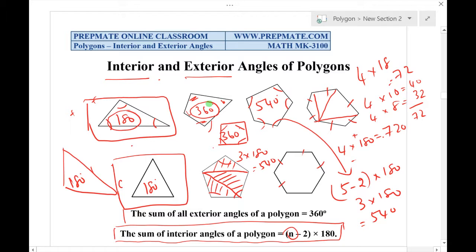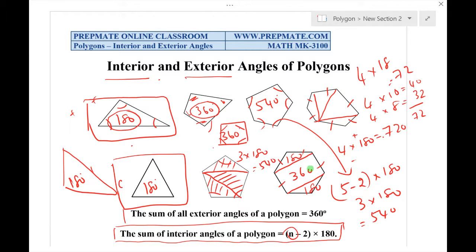Therefore we can split a shape not necessarily just into triangles, but into triangles and quadrilaterals. For example, in this case, you can split this into a triangle, a quadrilateral, and another triangle. So this is 180, this is 360, and this is 180, and when you add them up, you get 720. Did you get that?